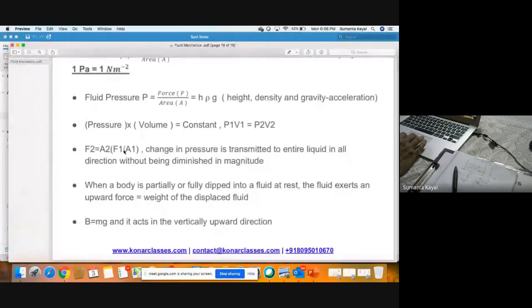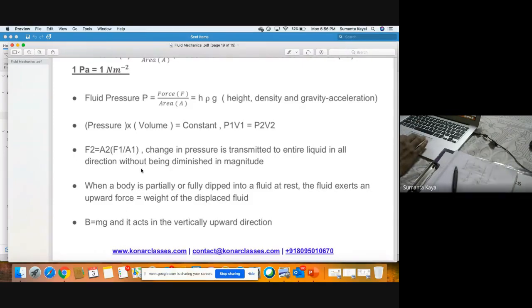F1 by A1 is the pressure that is applied in a small cylinder, and that same pressure goes everywhere without changing its magnitude. And if I increase the area, the amount of force will be more. That is exactly what we have seen in our hydraulic brake, in our hydraulic press, and so many other examples are there in the book.